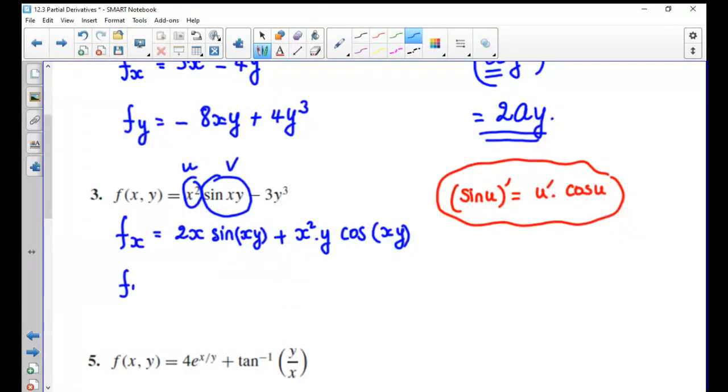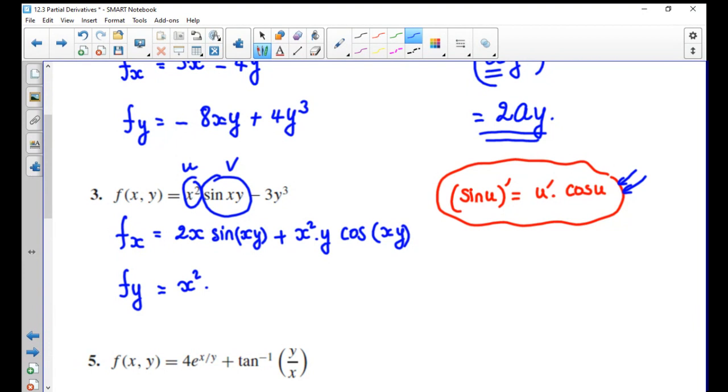And then we find fy, the derivative of f with respect to y. Here, do we need the product rule? No, because x squared is a constant. So just keep it there. And then the derivative of sine xy, use the same rule, but this time with respect to y. So what is u dash in this case? X. Very good.